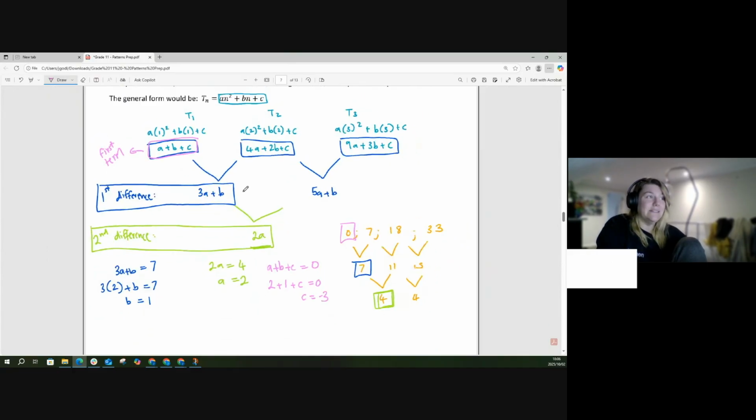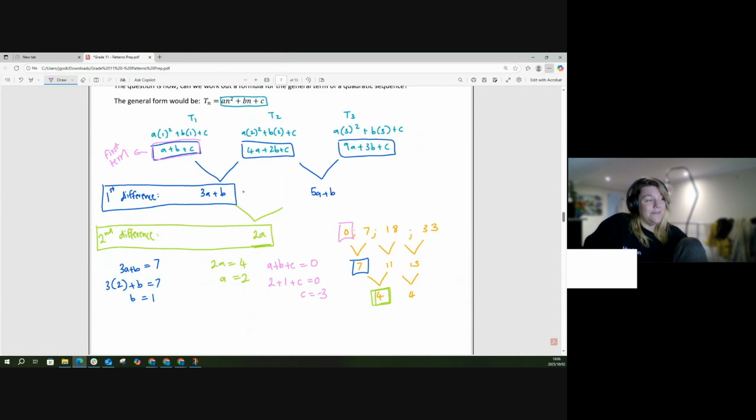And that means that our formula is going to be Tn equals 2n squared plus 1n plus c. And that is our quadratic formula.